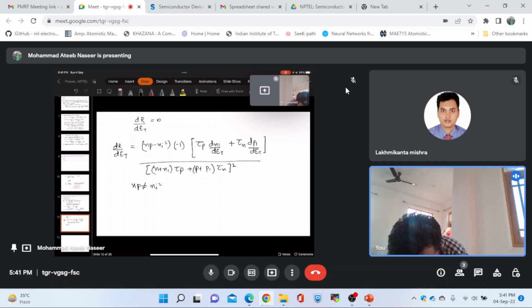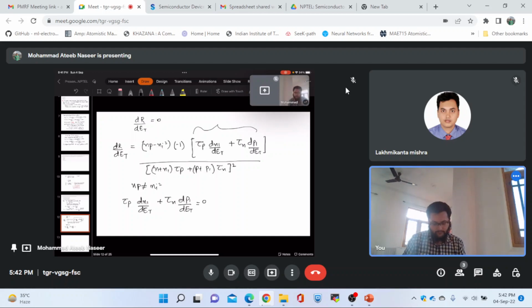The only thing that can be 0 in this expression is this thing. So we can simply write tau p dn1 by dEt plus tau n dp1 by dEt equals to 0.